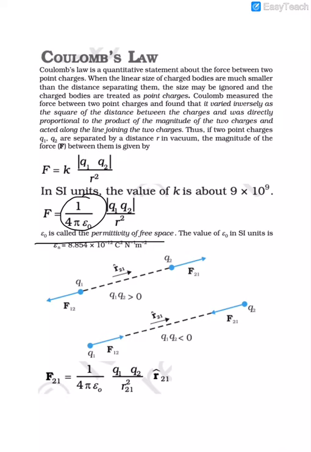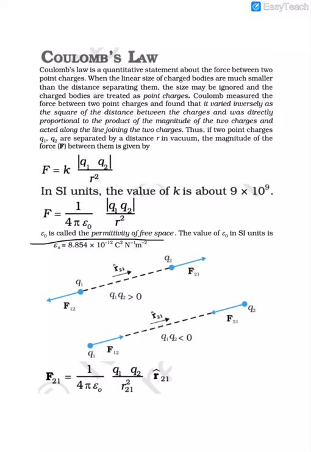Permittivity has to do with the electrical properties of any medium. You are aware that vacuum is perfectly non-conducting, but every medium has got a permittivity, and the permittivity of vacuum or free space is referred to as epsilon naught. So the constant of proportionality k happens to be equal to 1 upon 4 pi epsilon naught, where epsilon naught is the permittivity of free space.